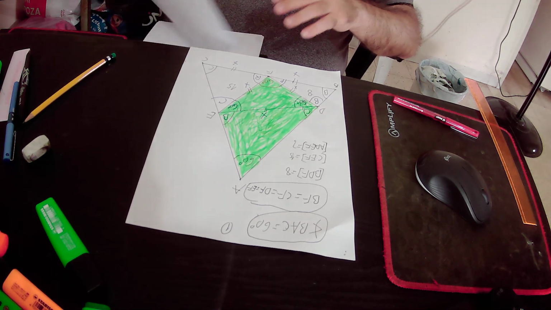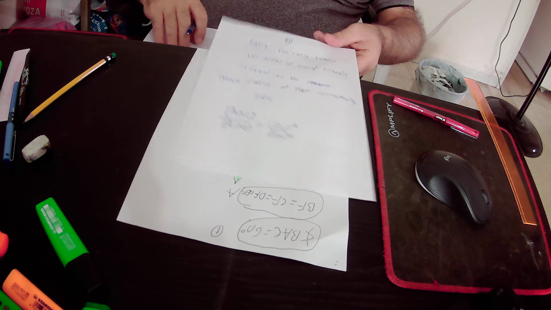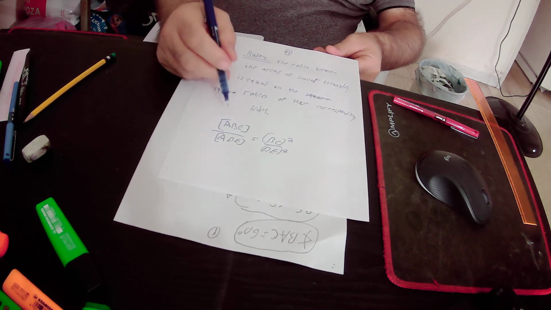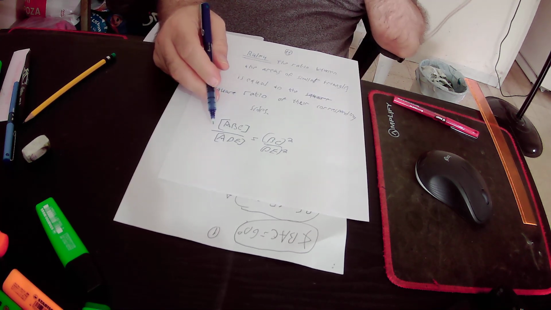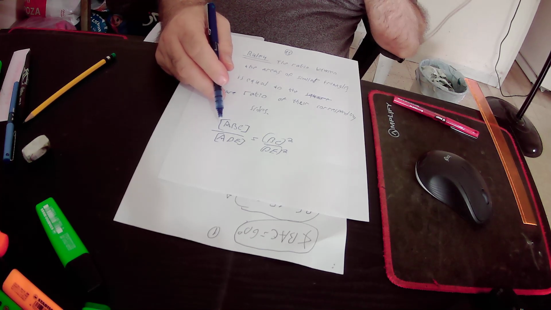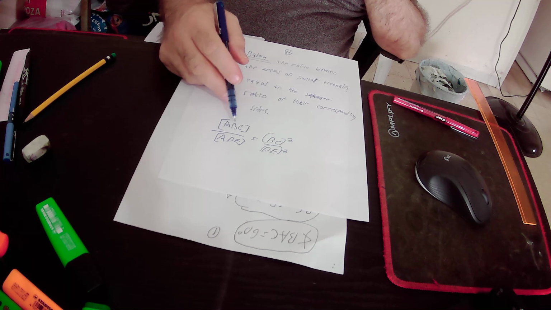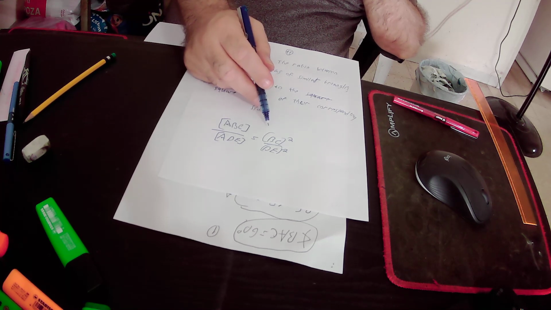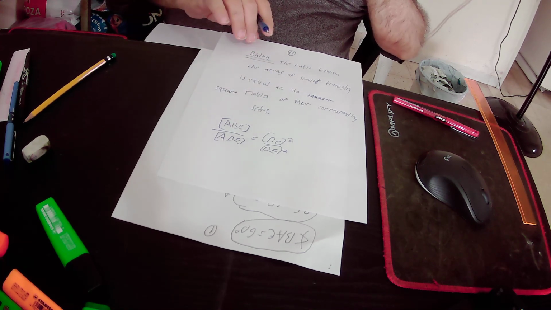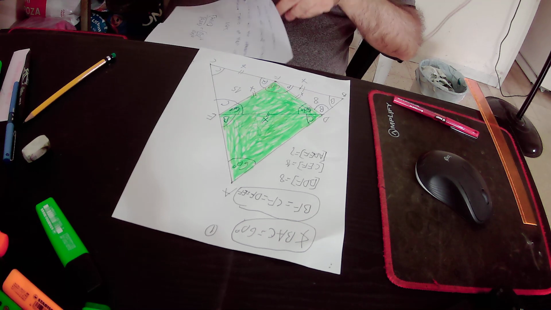Again, according to rule number 4, the ratio between the area of triangle ABC to the area of triangle ADE equals the square ratio of their corresponding sides. That is to say, it equals BC square over DE square. Okay?